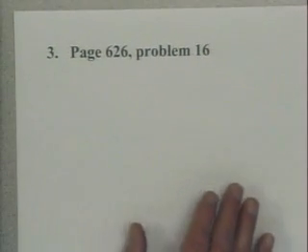And where we left off was we were about to go to page 626, and we were going to look at problem 16. Okay, and trying to follow the instructions for problem number 16. Well, it's kind of similar to what we did before.